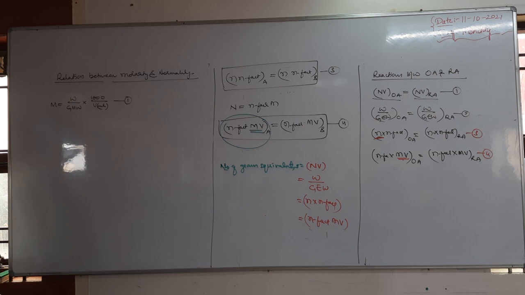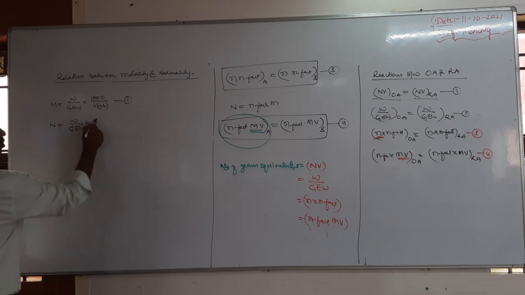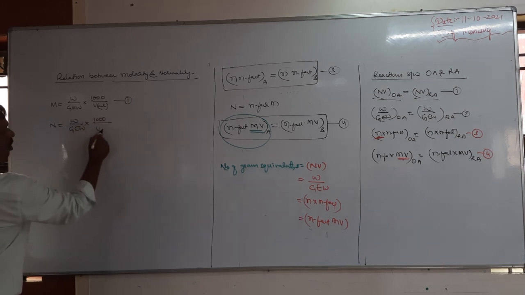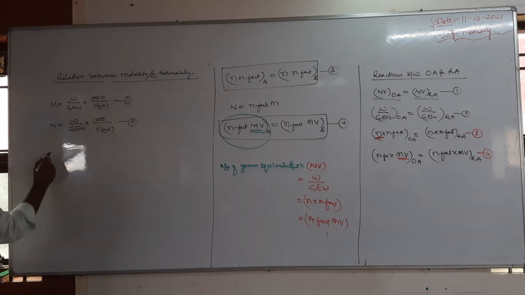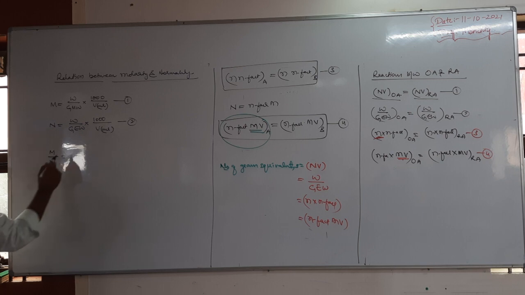So what is the normality? Normality equals weight by gram equivalent weight into 1000 divided by V, V in milliliter. It is equation 2. Let us take molarity by normality, equation 1 by equation 2.